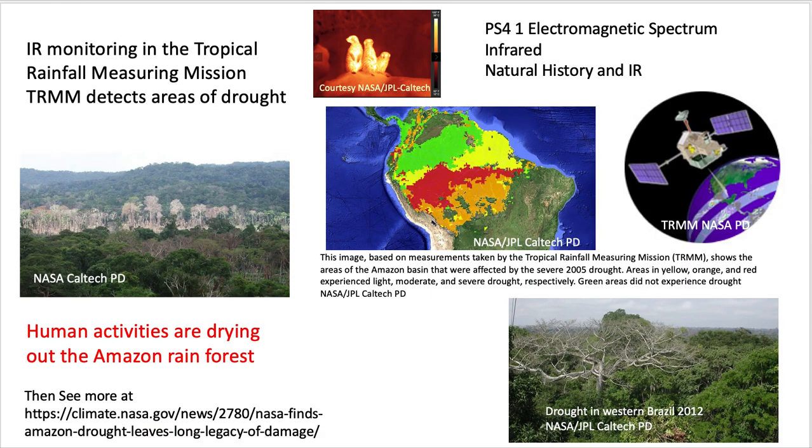And the first one here is looking at IR monitoring to detect areas of drought and looking at human activities which are causing severe water loss in the Amazon rainforest.